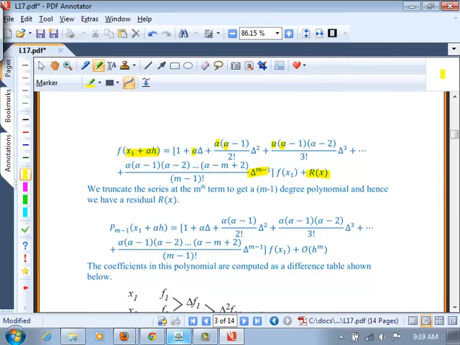Suppose I'm constructing a second degree polynomial, so I'm truncating it here. Then this is what I would call the residual, the next ignored term. Put alpha equal to 0, that knocks it down. Put alpha equal to 1, that term knocks it down. Put alpha equal to 2, that knocks it down.